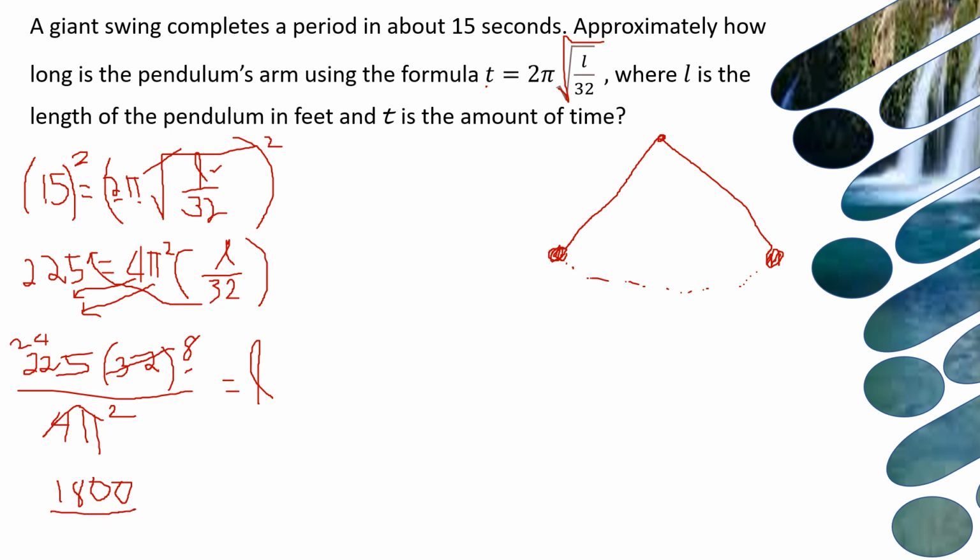So it is 1800 all over pi squared, which is equal to the length.